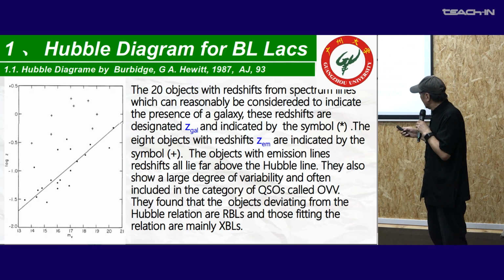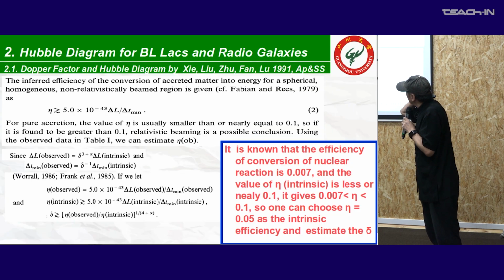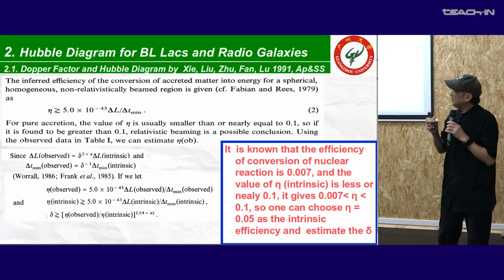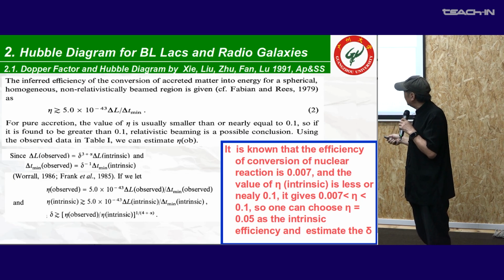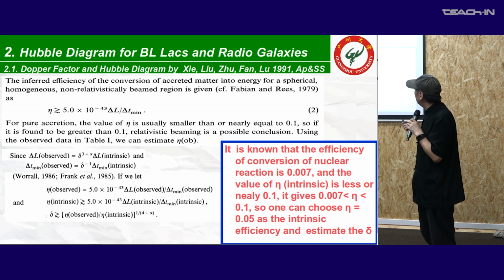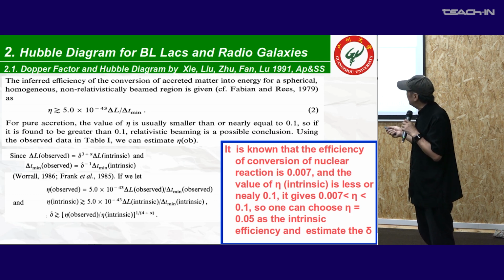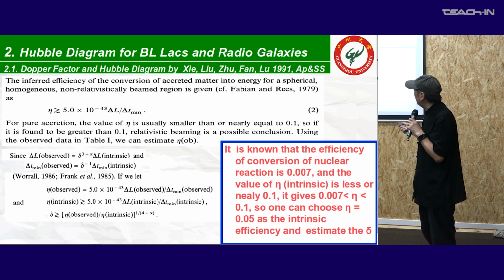So we consider that Fabian and Rees obtained the efficiency of conversion of accreted matter into energy for a spherical and homogeneous non-relativistic emission region, which can be described in this way.